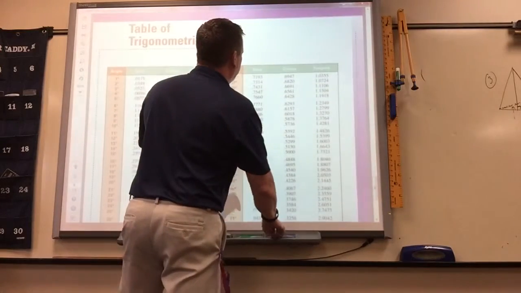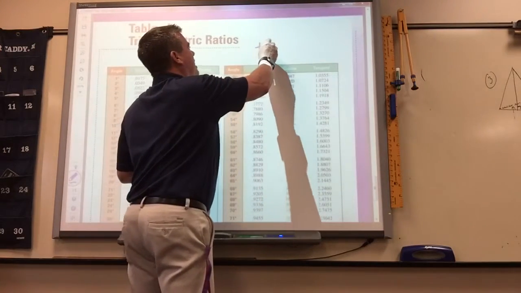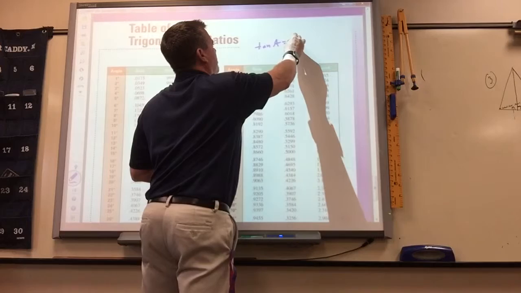So remember the formula was the tangent of A equals, what was it, 8/4?